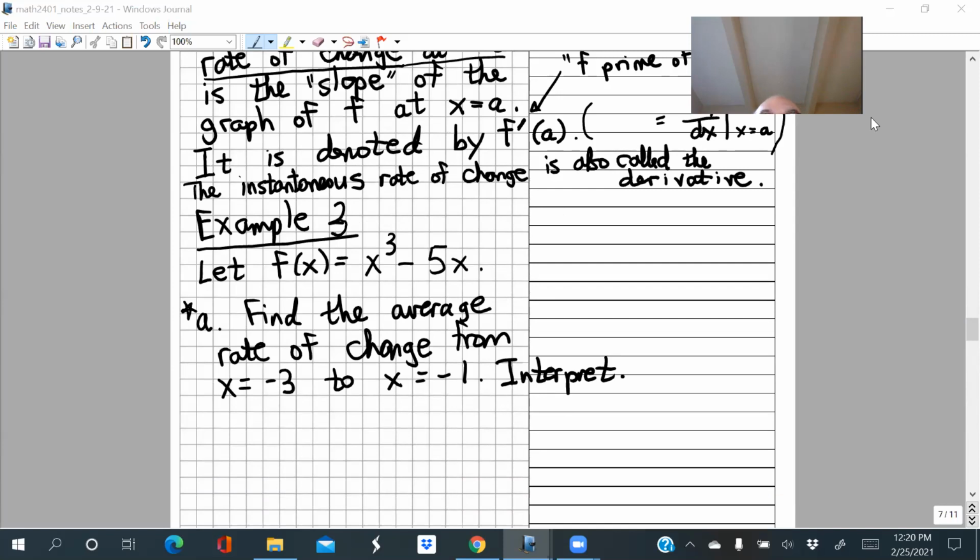I just want to find the average rate of change from x equals minus 3 to x equals minus 1. Can you guys do that? Average rate of change from x equals minus 3 to x equals minus 1.